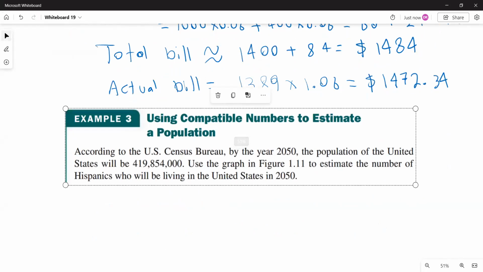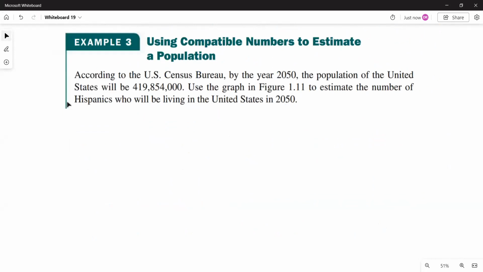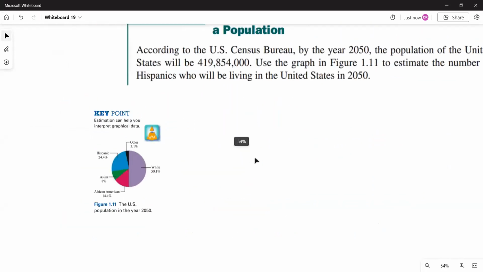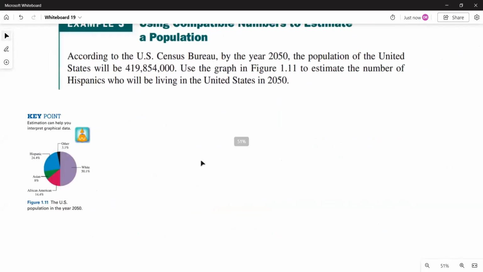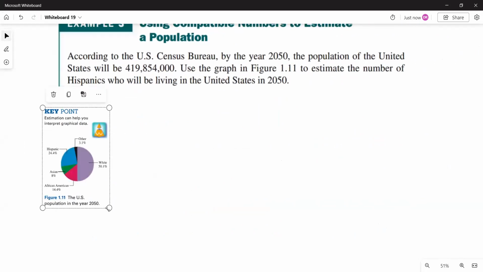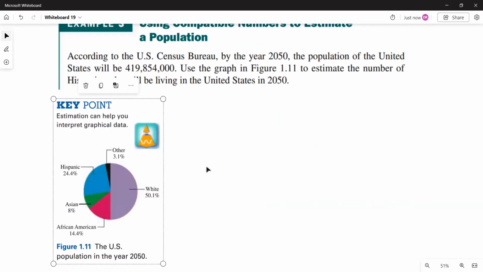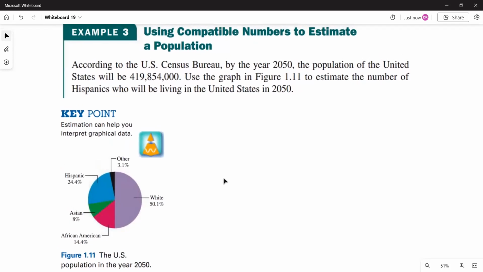Okay, so that's the problem, and let's copy the pie chart. The pie chart on demographics. So that's on page 31.